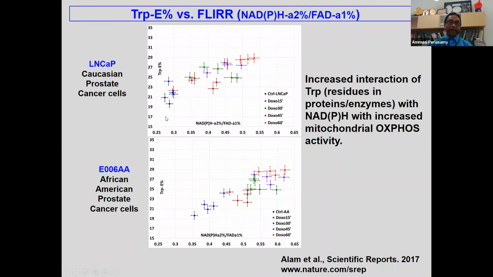We used the same idea with prostate cancer cells with doxorubicin, and you can clearly see an increase in energy transfer efficiency with time. This is a control, no drug, and in the same way for African American cancer cells, you can see a very clear increase in the redox ratio versus the tryptophan E percent.